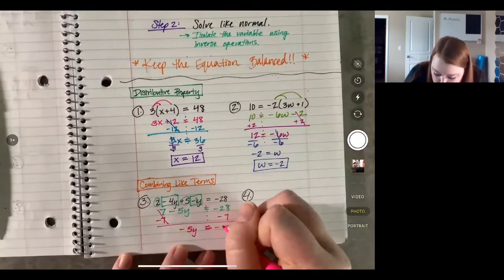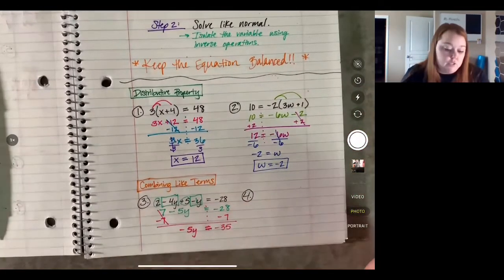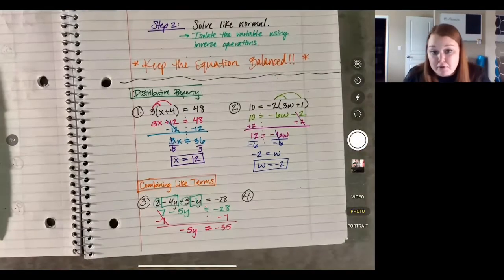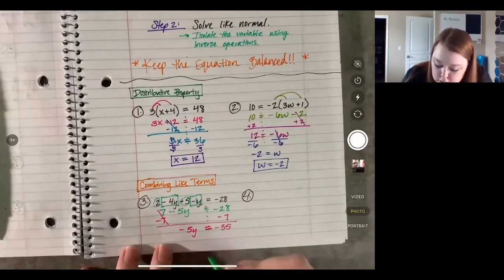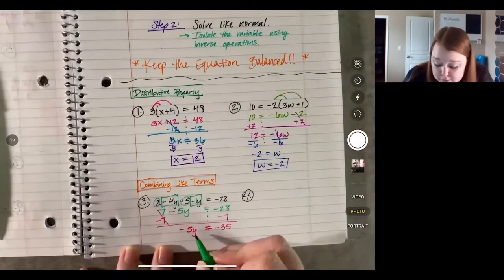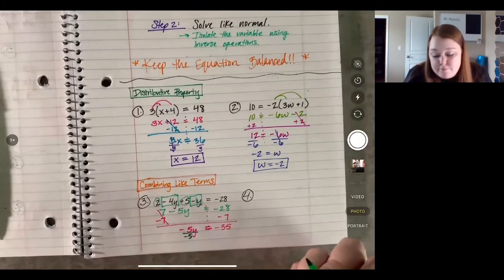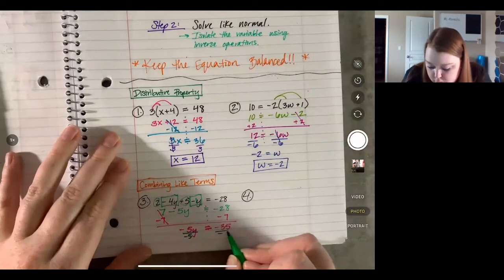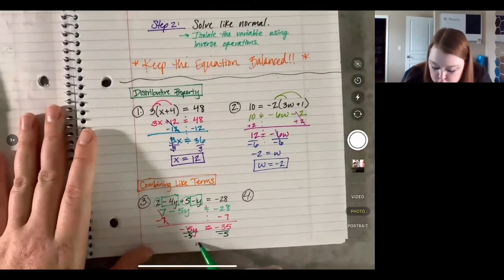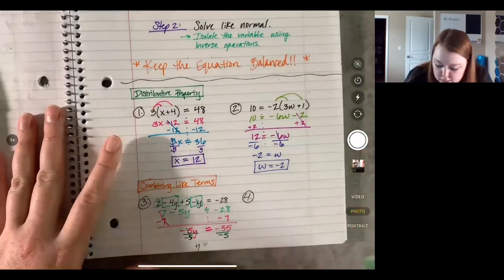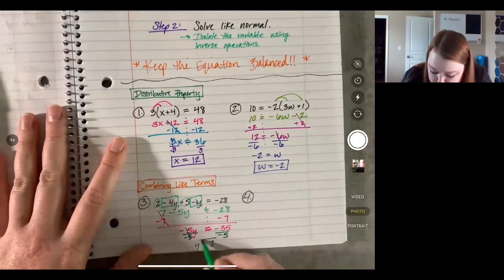That's negative 35. If you don't trust me, get a calculator, okay? Y needs to be by itself, so we've got to divide by its coefficient, divide by negative 5 on both sides of the equation. And we're left with positive y equals positive 7.